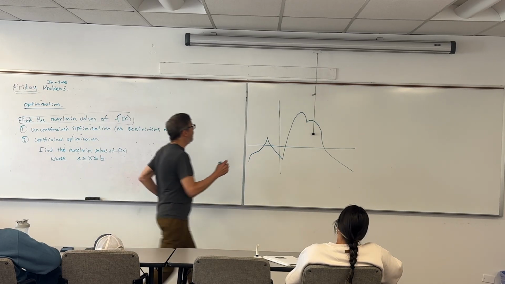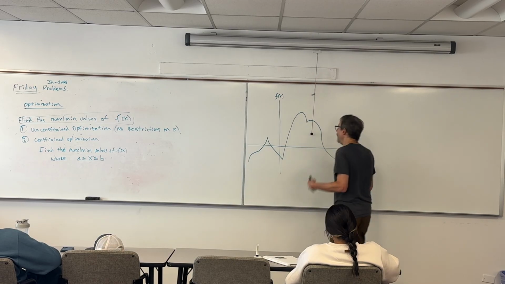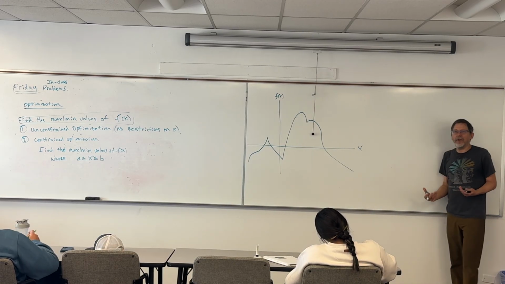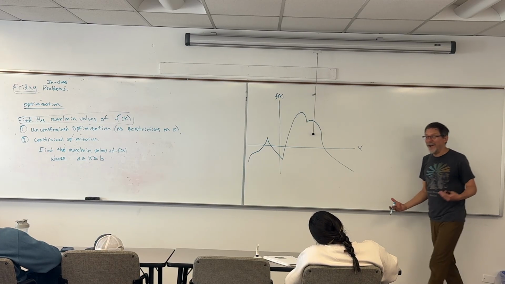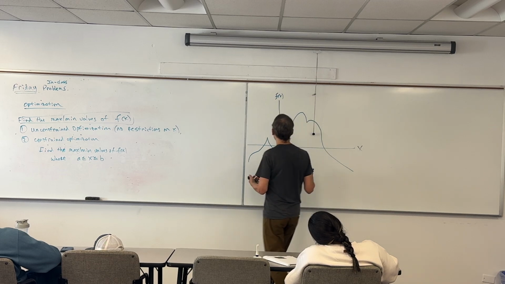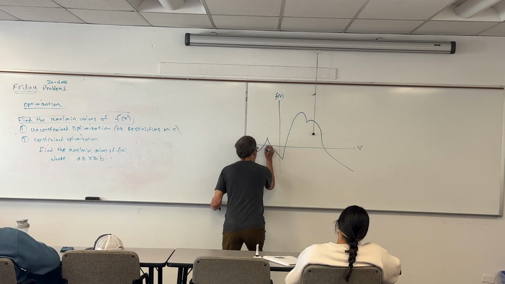So this is a graph of f of x. You can look at this graph and you can see there's some places that are higher than others, places where it's low. So let's go through and talk about some terminology here. Let's also give some coordinates.